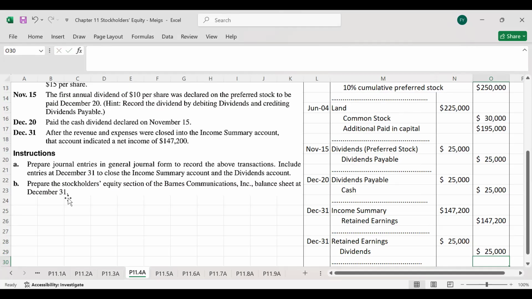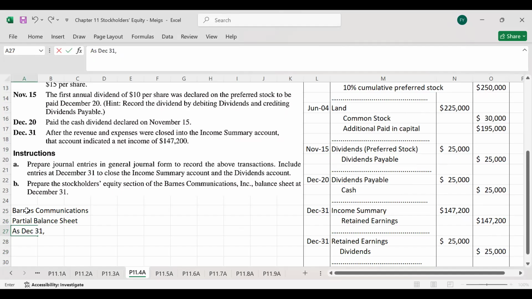So the next requirement is to prepare stockholder equity section. So first of all, we write the name of the company, Barnes Communication, then partial balance sheet as on December 31st.